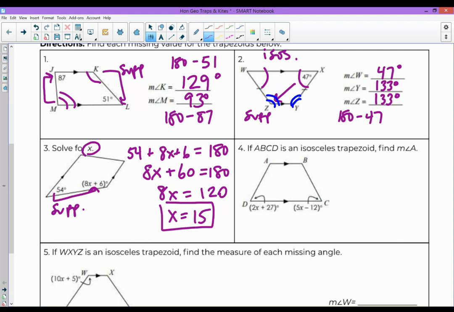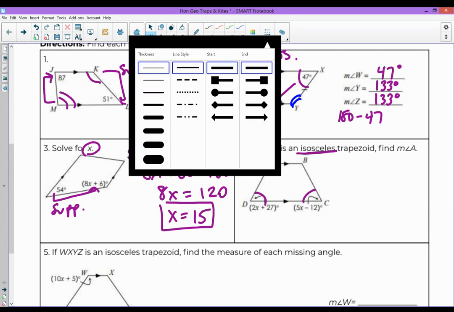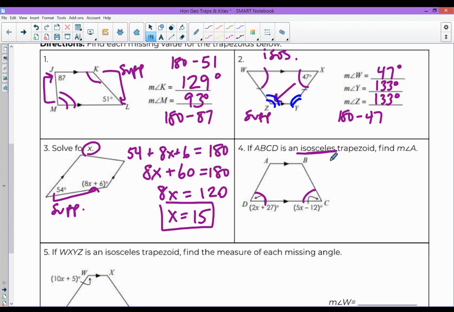Okay, this one is kind of similar, except since I know that this is an isosceles trapezoid, these two angles are going to be congruent. So that's how I'm going to start my equation, by setting those equal to each other. So I have 2x plus 27 equals 5x minus 12.